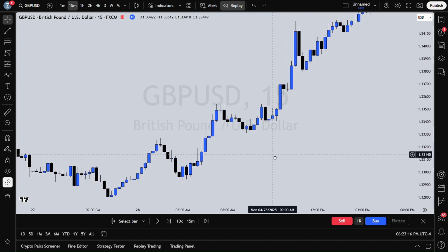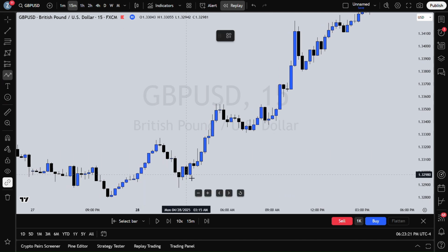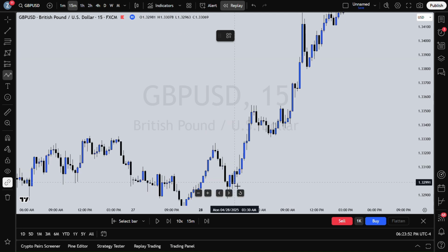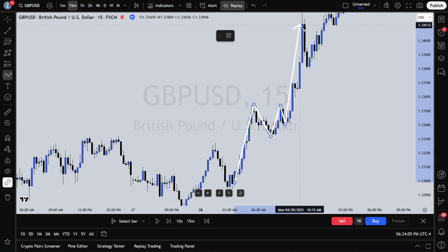All right, so another example of an uptrend here, and sometimes it won't look exactly like the pattern presented. Sometimes it may slant a little bit, but regardless, those new higher highs and higher lows are all created. Here we have our low, then it forms a higher high, pulls back to a higher low, creates another higher high, pulls back again, and then it takes off and creates that new high up here.